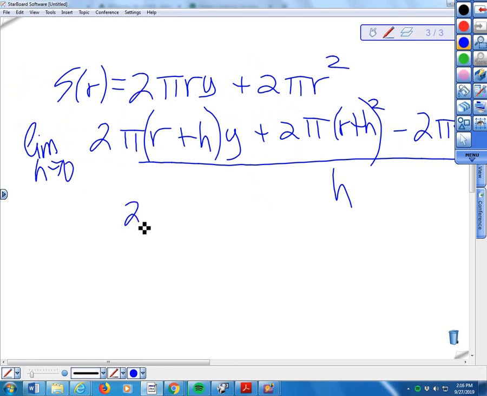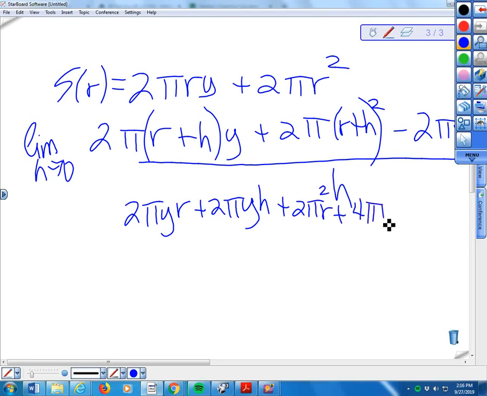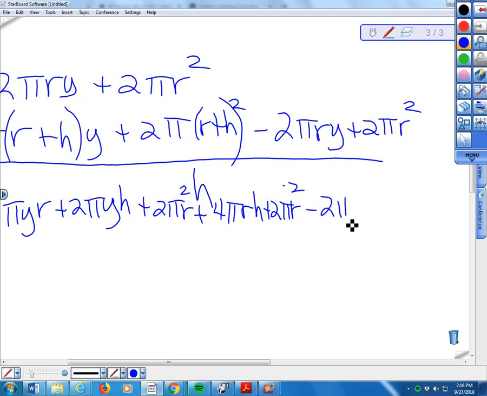So it's 2 pi times r plus 2 pi y, r plus 2 pi y h plus 2 pi times r squared is 2 pi r squared plus 4 pi rh plus 2 pi r squared minus 2 pi ry plus 2 pi r squared.